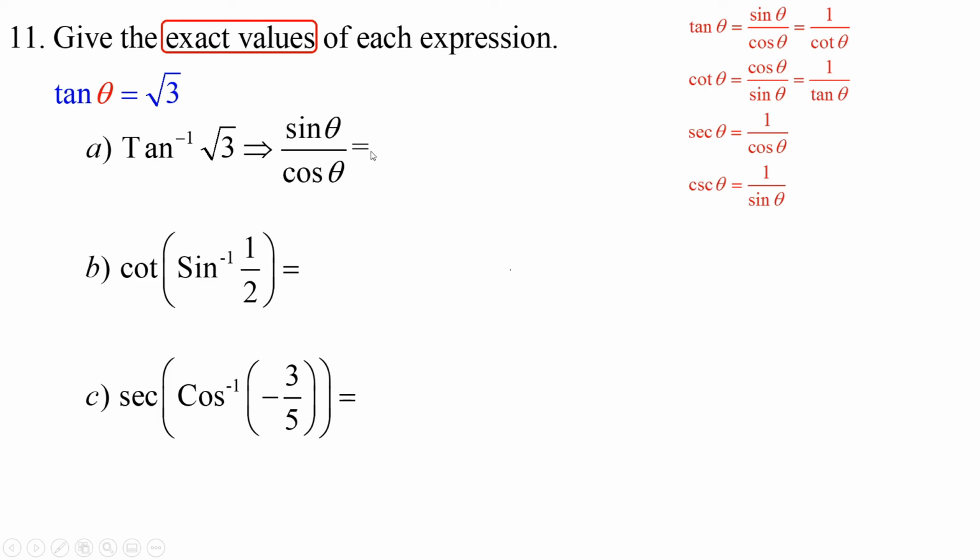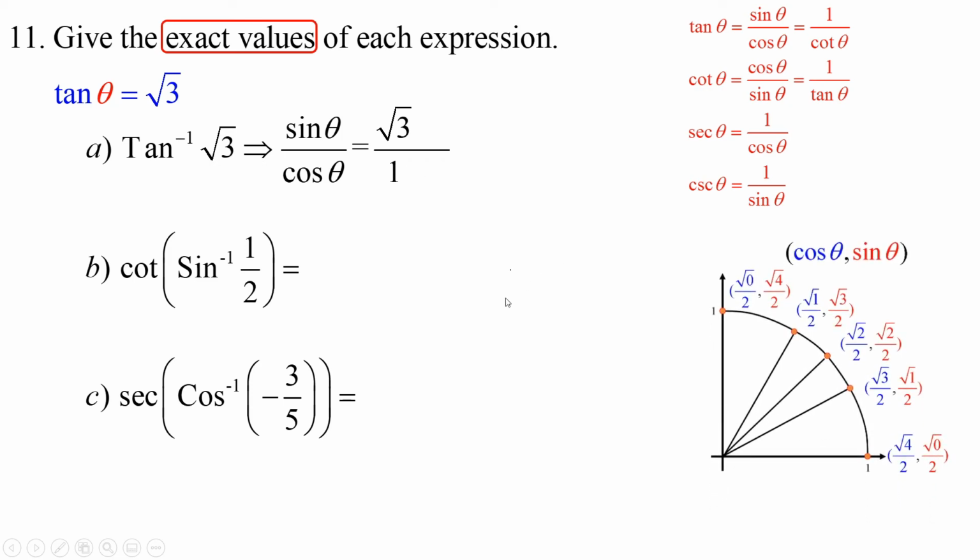And that's going to have to equal root 3. But how can I make that happen? Well, do you guys agree that root 3 could be root 3 over 1? Now let's look at our reference angles and make that happen. Well, I don't see a root 3 all by itself, but look at this pi over 3 right there.